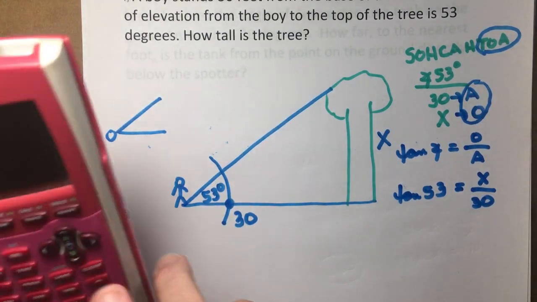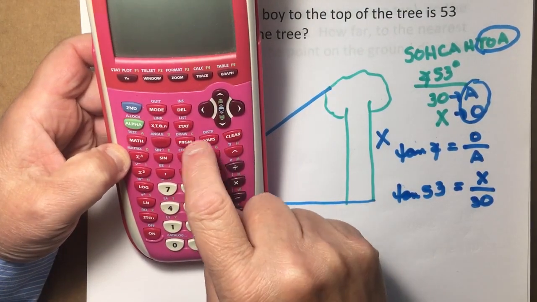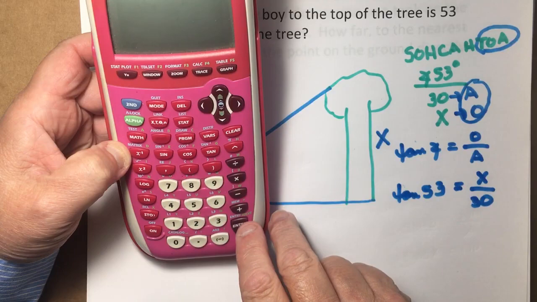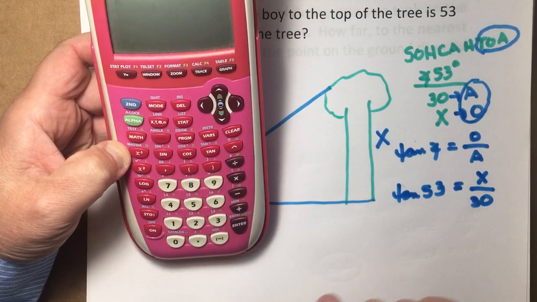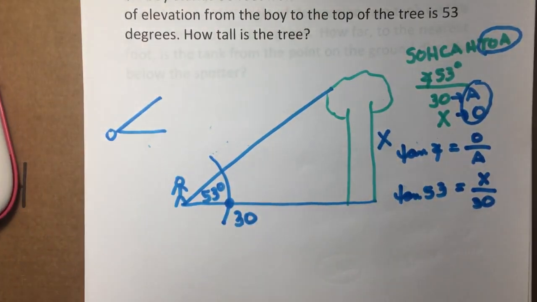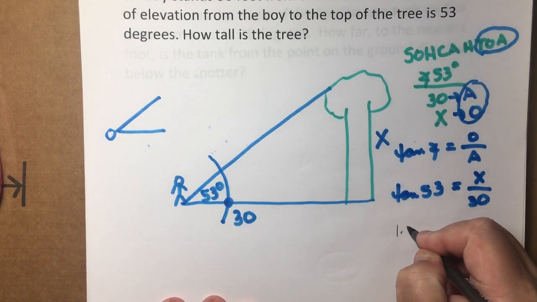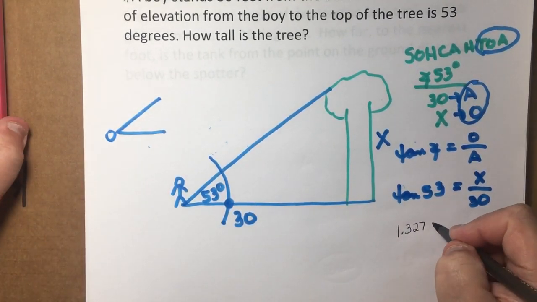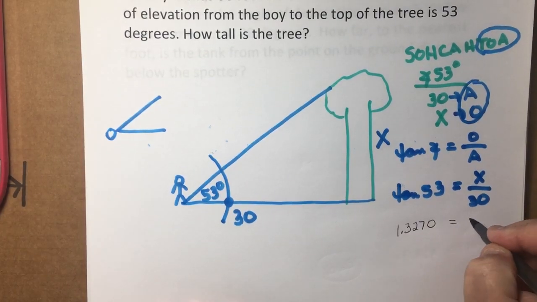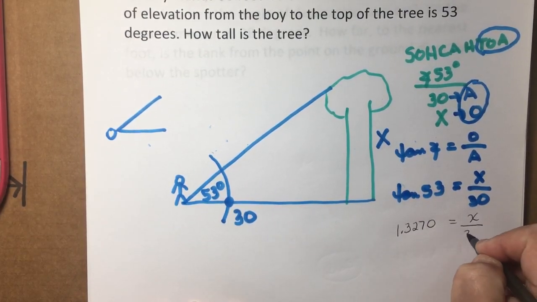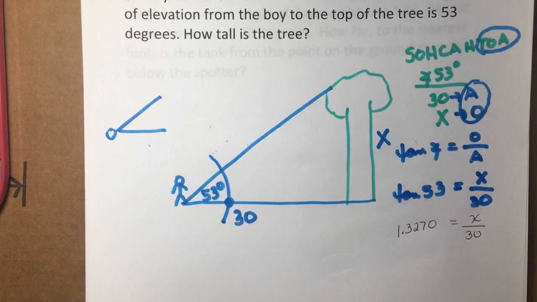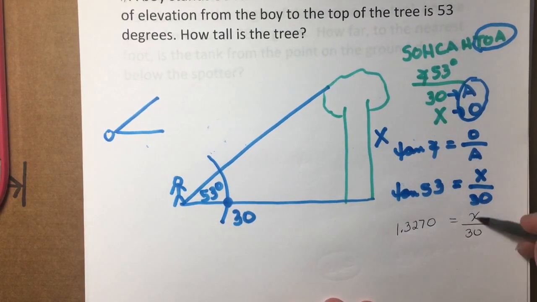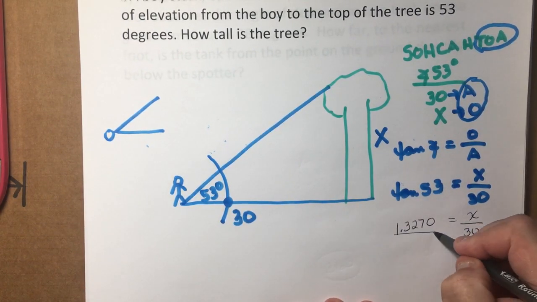Let's go to the calculator and get the tangent of 53. Tangent 53, close parentheses, 1.327 equals X over 30. You got a fraction equal to something, that's a proportion.